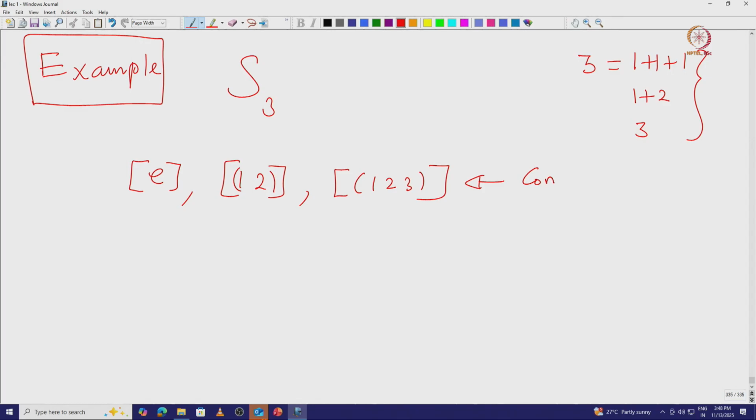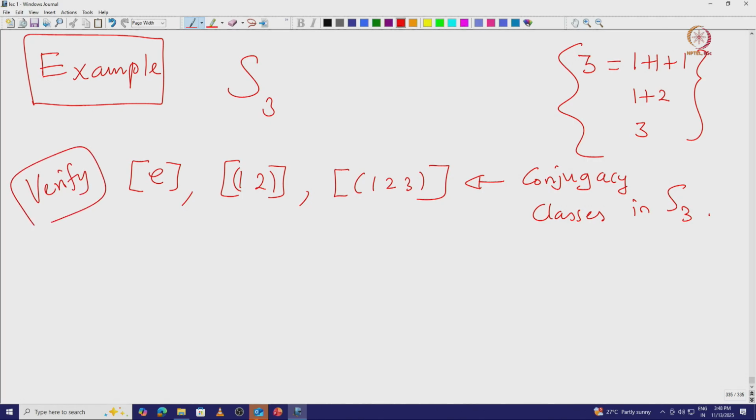These are the complete set of conjugacy classes in S3. Later, when we deal with the general symmetric group, maybe I will make some observation about why the partitions of n count the number of conjugacy classes. But in this case, you can straight away verify that these are the only conjugacy classes.